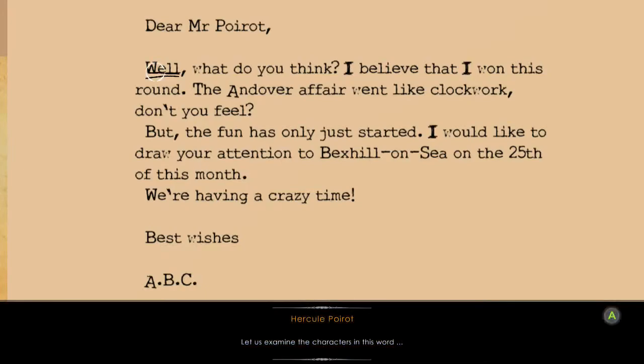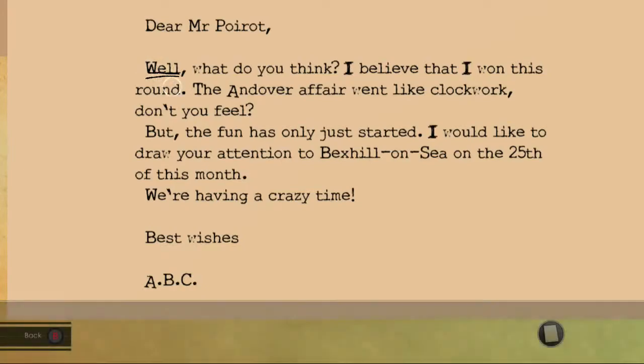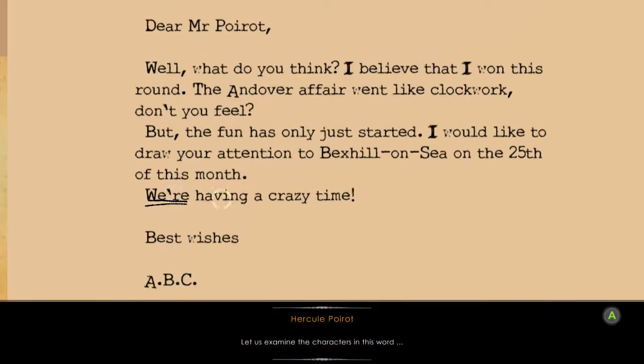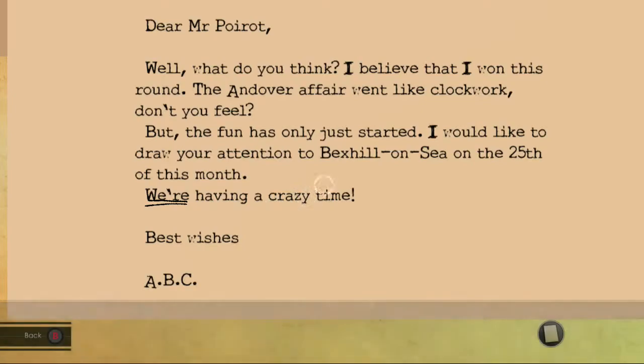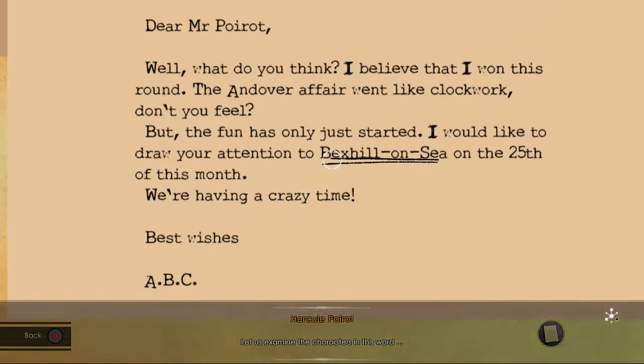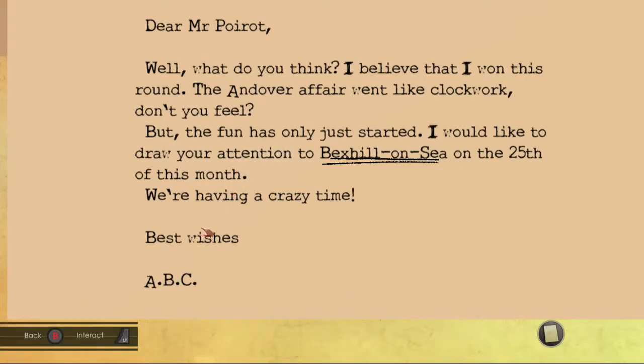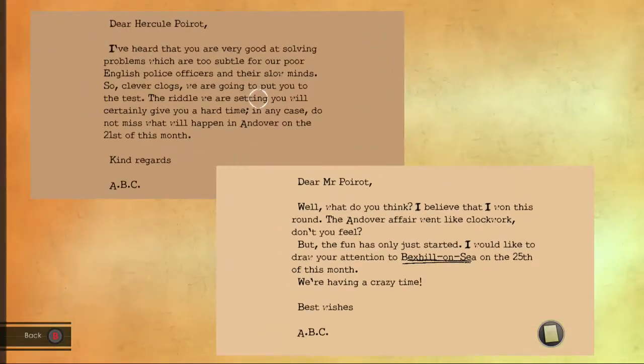Let us examine the characters in this word. Okay. Right.